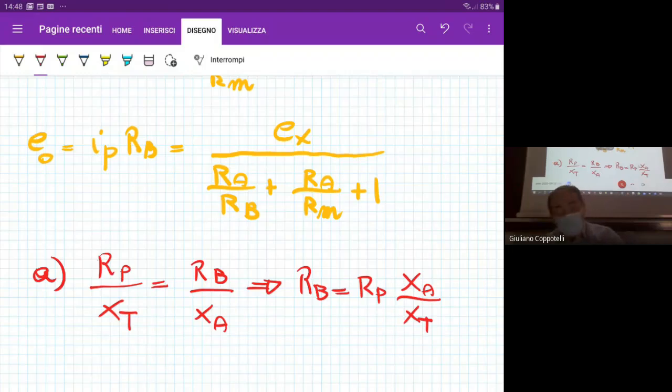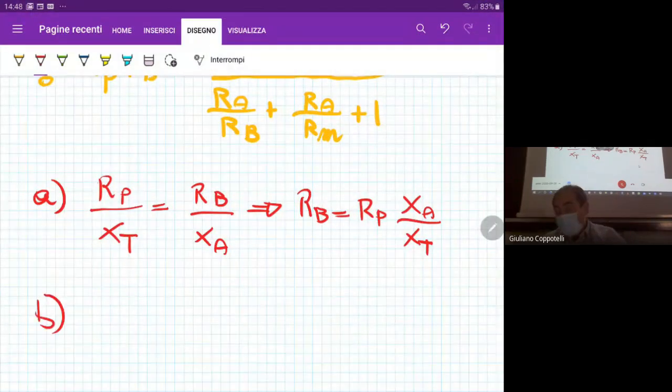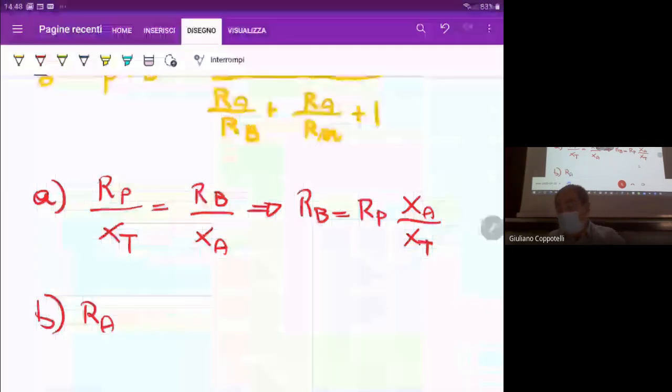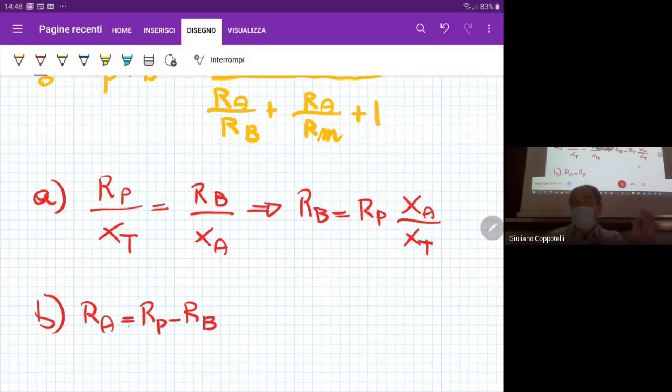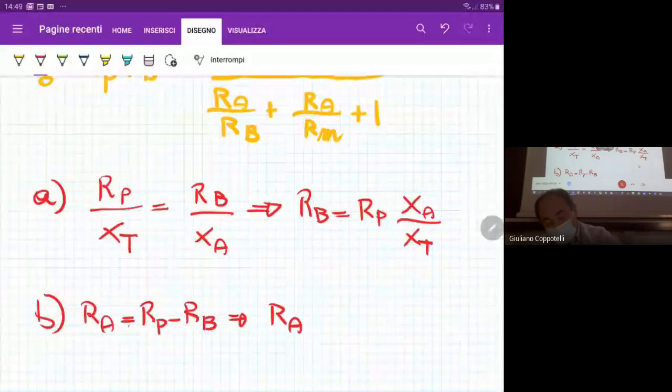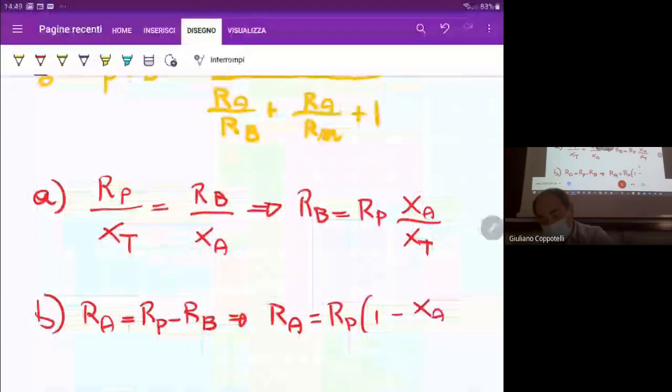Then I remind you that the overall resistance and the actual resistance are related so that RA is equal to RP negative RB, the very beginning. RA and RB is the potentiometer resistance. And therefore what you can say is that your RA is just equal to RP, well, negative XA actual divided by total.